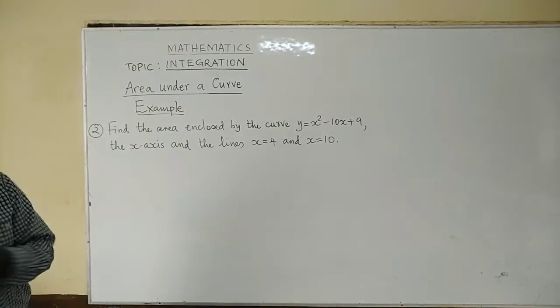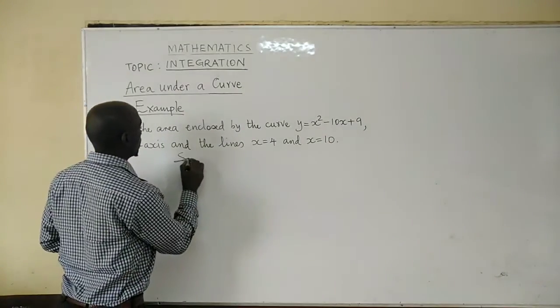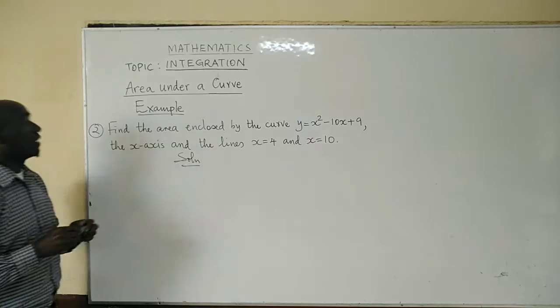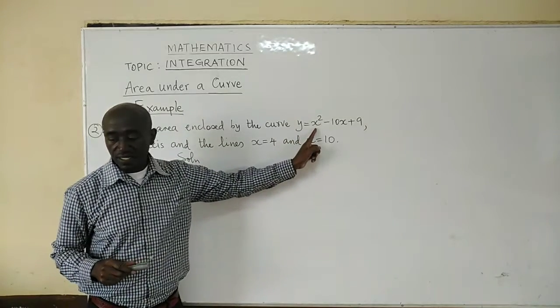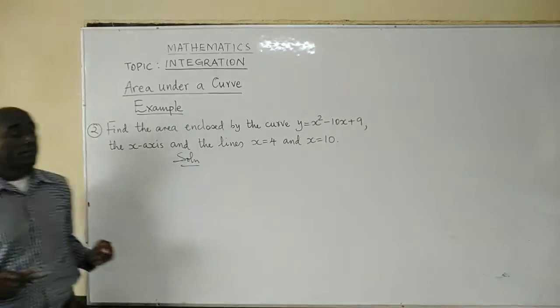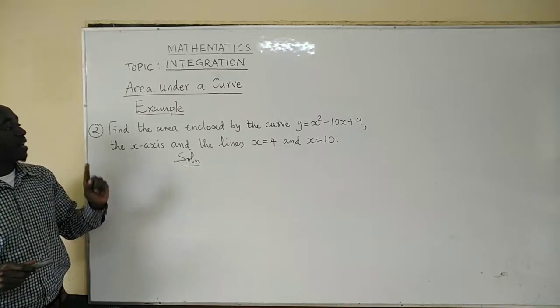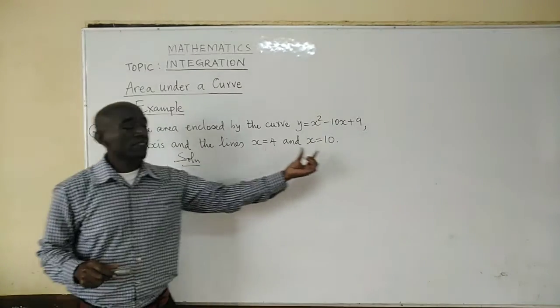So that is the question, my dear learner. Find the area enclosed by the curve y is equal to x squared minus 10x plus 9, the x-axis, and the lines x is equal to 4 and x is equal to 10.